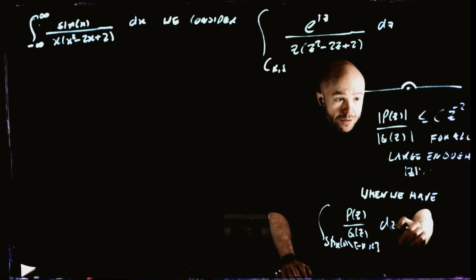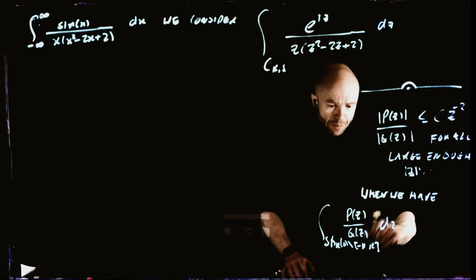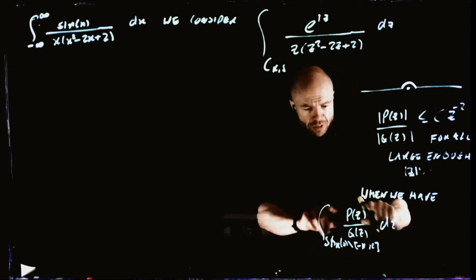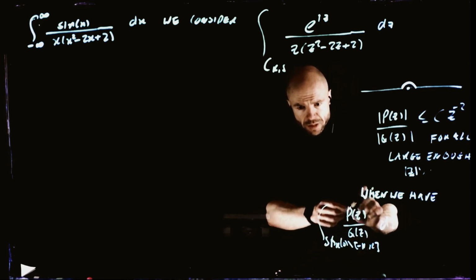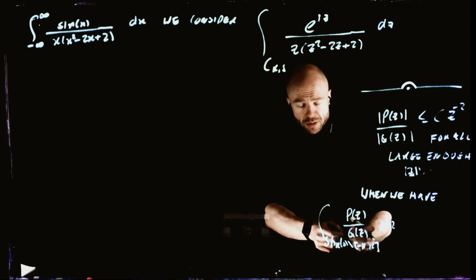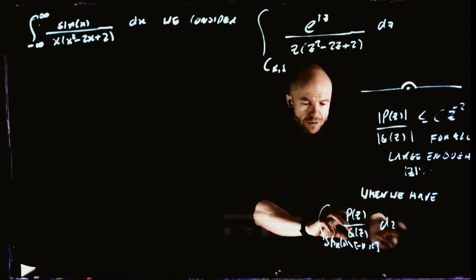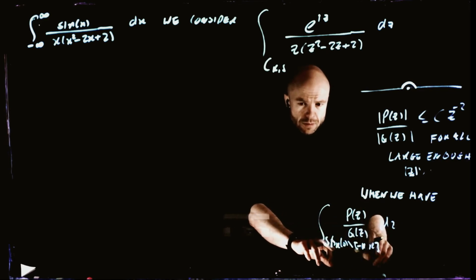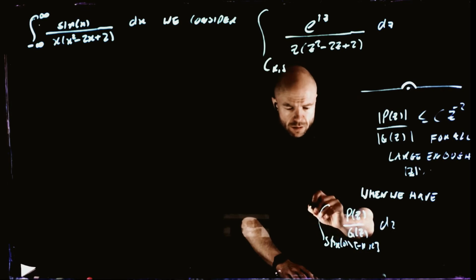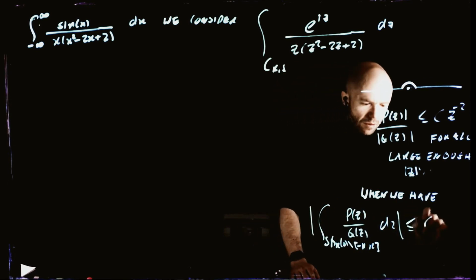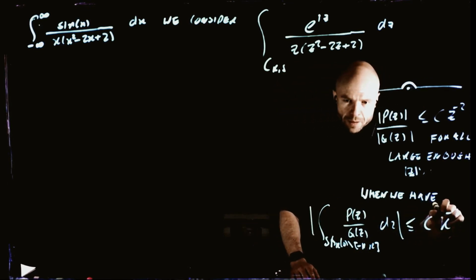So if we look at this thing, we're integrating something which will be less than a constant times r to the minus 2, times something of length r. So the absolute value of this thing will be less than a constant times r to the minus 1.